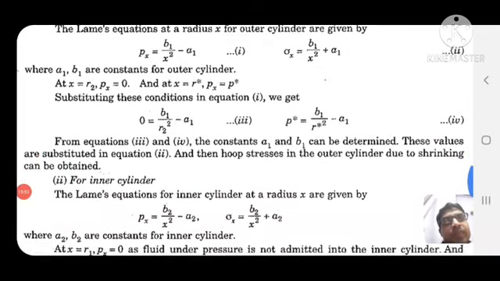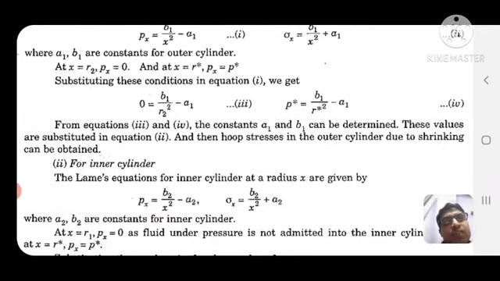Now, at x equal to R2, Px equal to 0, and at x equal to R star, Px equal to P star. Substituting these conditions in the equation, we get 0 equal to B1 by R2 square minus A1.